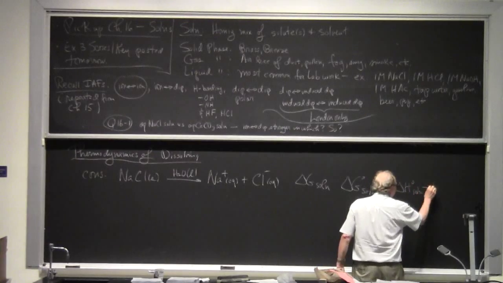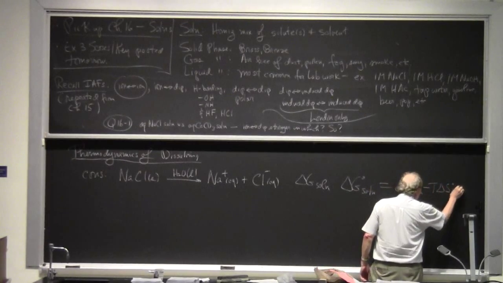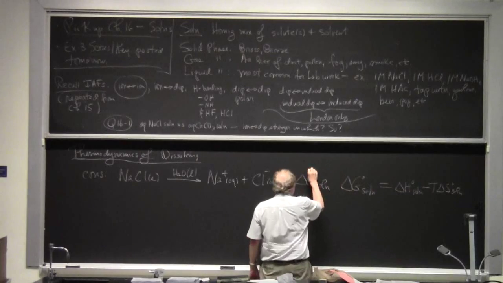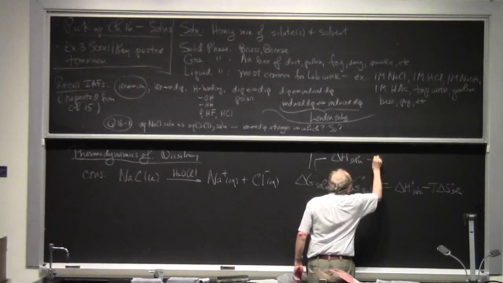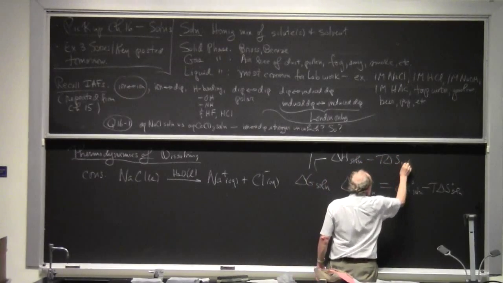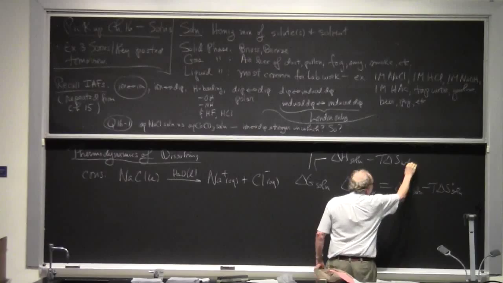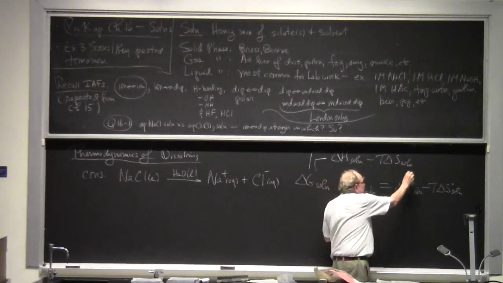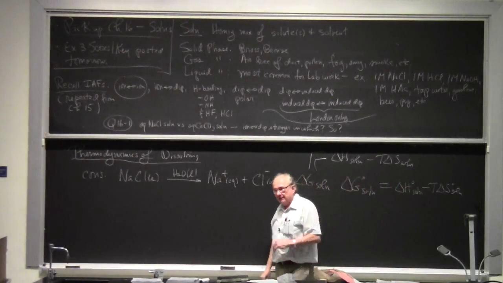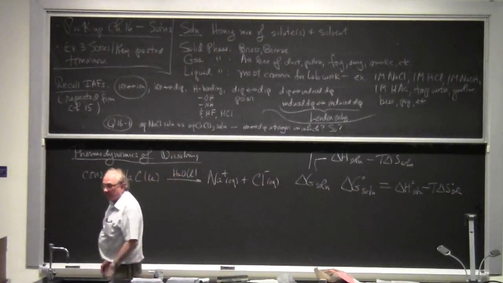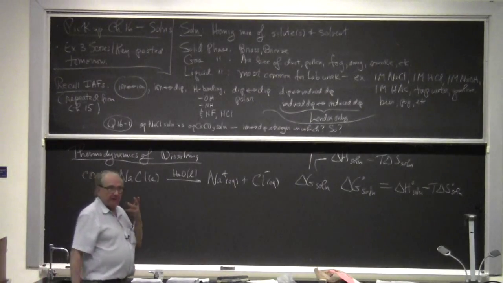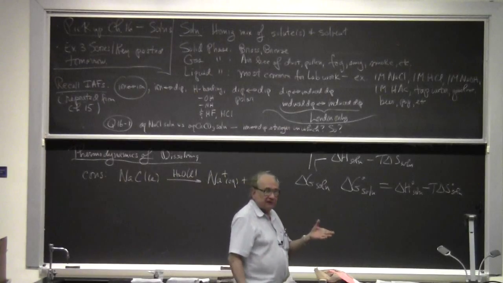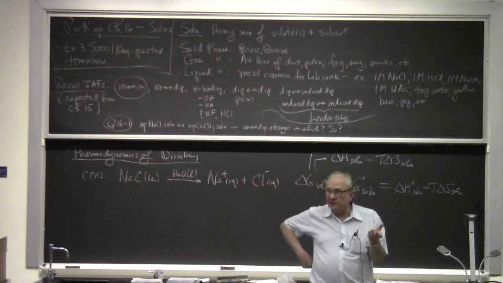Where we took as a given a very important fundamental thermodynamic relationship: change in free energy for a process, in this case the process is dissolving, is equal to change in enthalpy for the process minus the temperature in Kelvin at which the process is taking place times the change in entropy for the process.